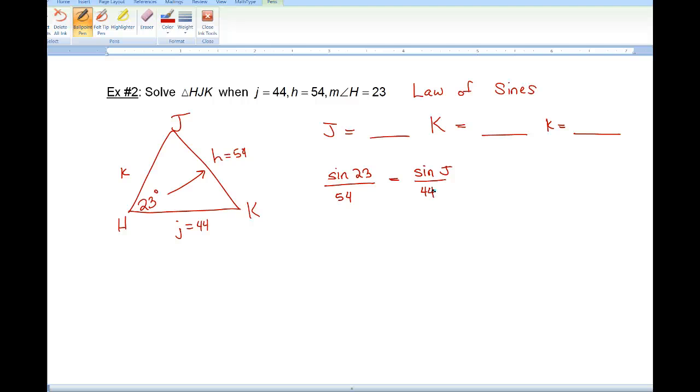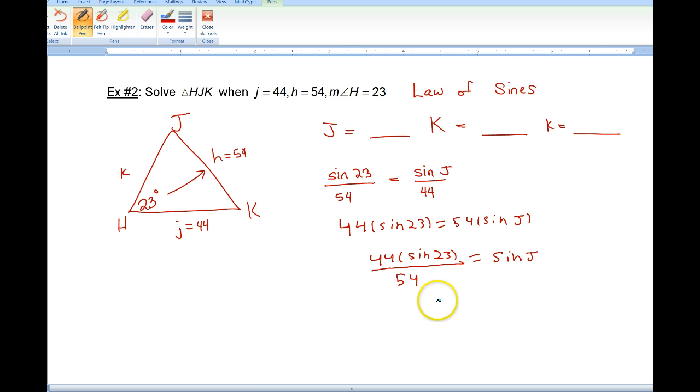It's dividing. I got 0.3184. That's what I got.